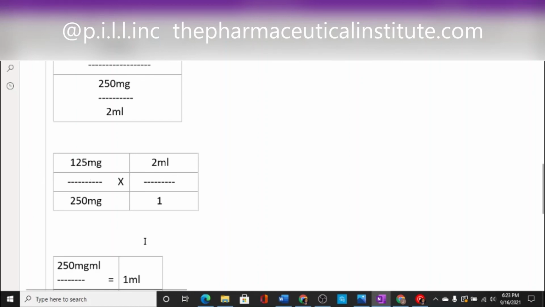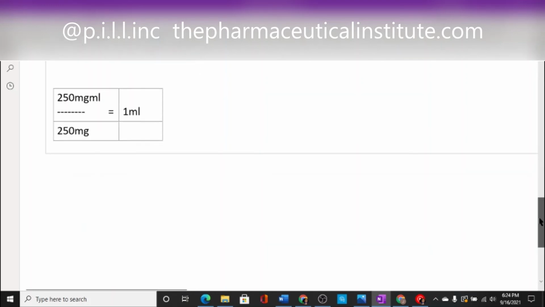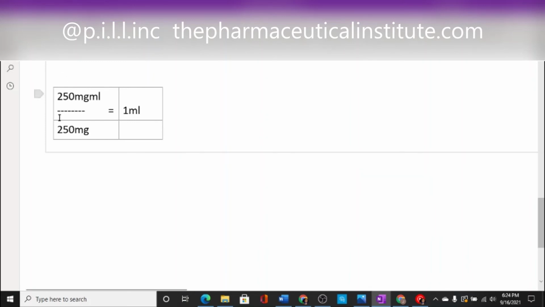125 times 2 is 250 milligram milliliters. 250 milligrams times 1 is 250 milligrams. 250 milligrams divided by 250 milligrams cancels out, and it leaves us with the milliliter unit. Therefore, our final answer is 1 milliliter. I was going to make this red to cancel it out.